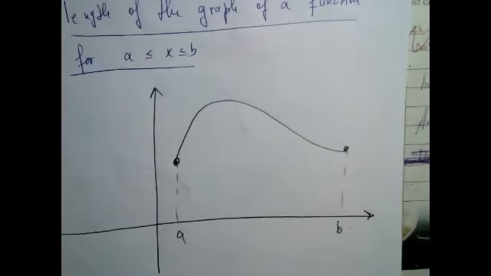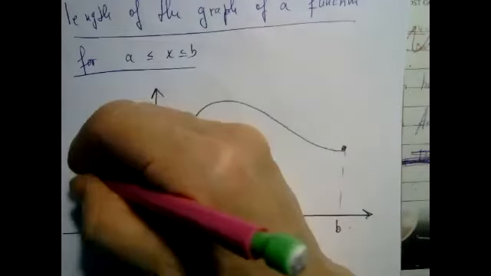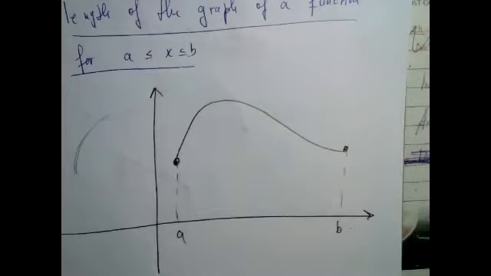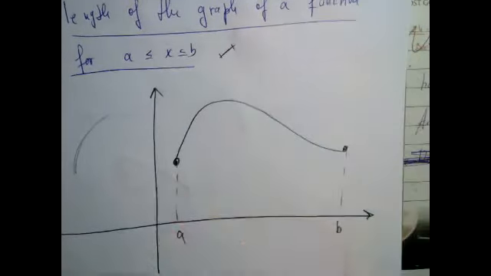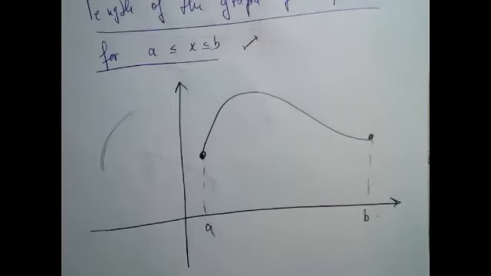So how can I do it? This is y equals f of x, and this is something that is curving. The only thing I know how to find is a line. How can I find the length of a curve? Any ideas? What shall I do with it?